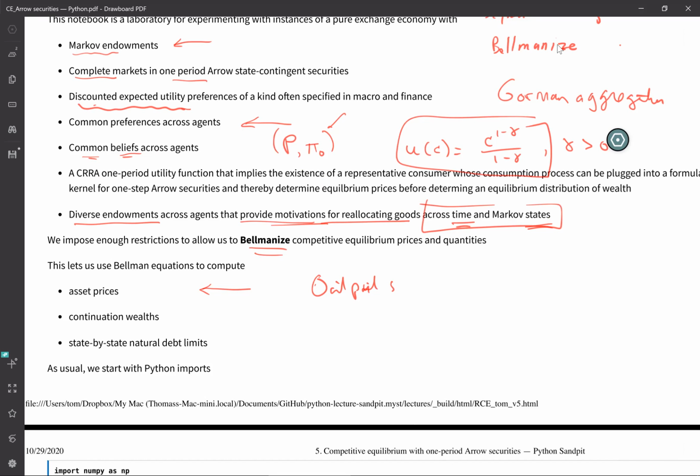Another thing we're going to do is write a Bellman equation, value functions for continuation wealth. We're going to need that because we want to find portfolio choices. We're going to need state-by-state natural debt limits. We're going to have to compute those and know what they are in order to pose individuals' problems.